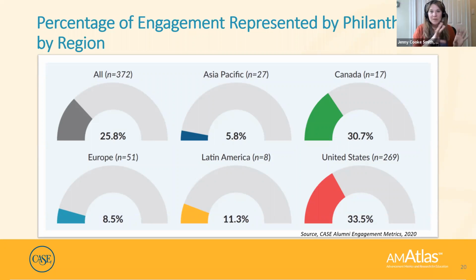I'll just pick on the first dial here. What we saw was that it was about 25%. So a quarter of the engagement we were capturing previously when we were just looking at something like donor participation. And to me, this starts to prove that that was nowhere close to a measurement of alumni affinity.